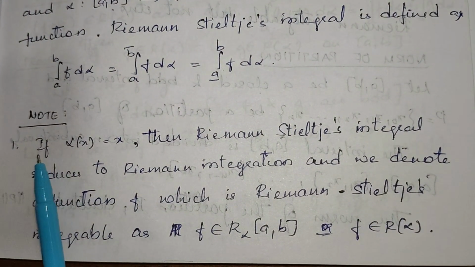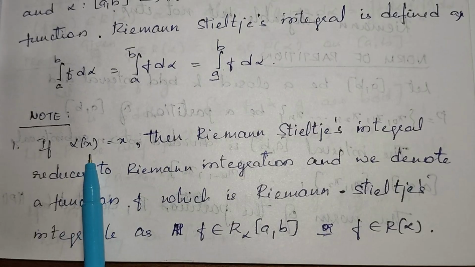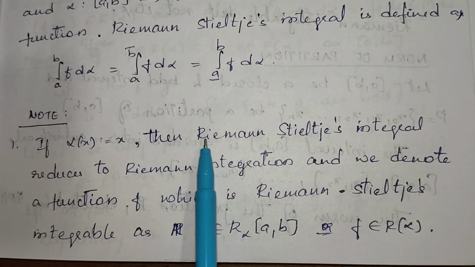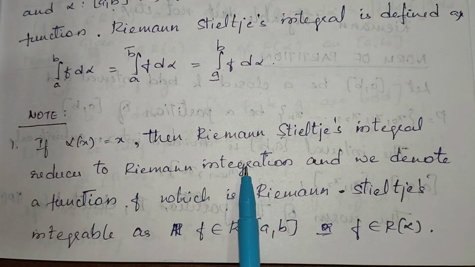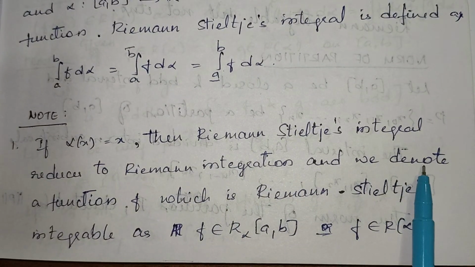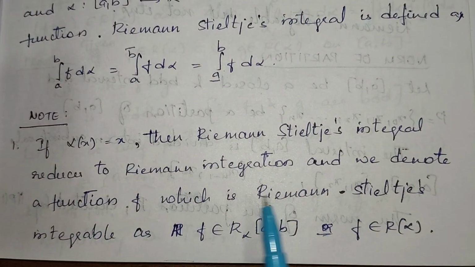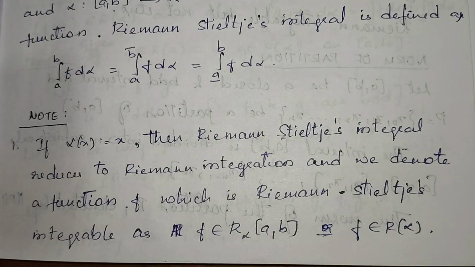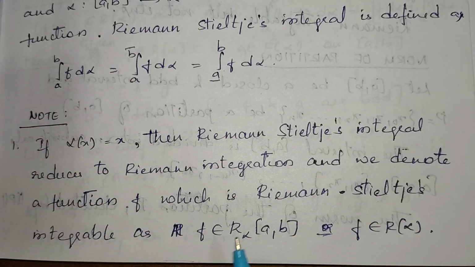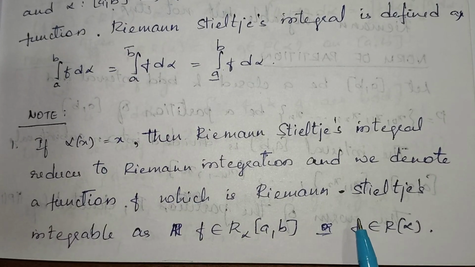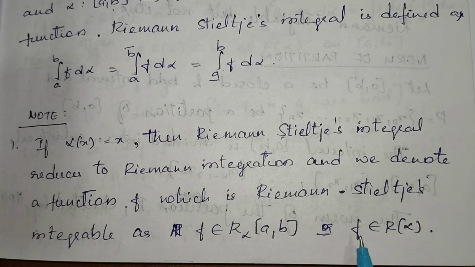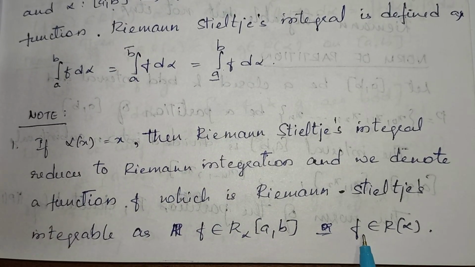First one, if alpha of x is equal to x, then the Riemann Stieltjes integral reduces to Riemann integration, and we denote a function f which is Riemann Stieltjes integrable as f belongs to R alpha on the closed interval [a, b], or f belongs to R of alpha.